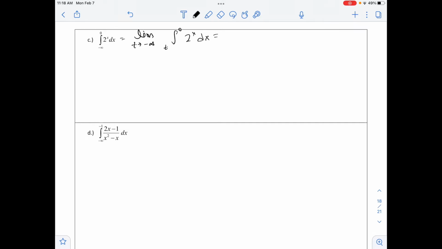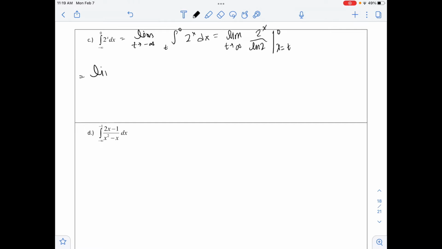Integrating this, we don't need to use any type of substitution, so this is just going to be 2 to the x all over ln of 2, and we're evaluating this from x equals t to 0.